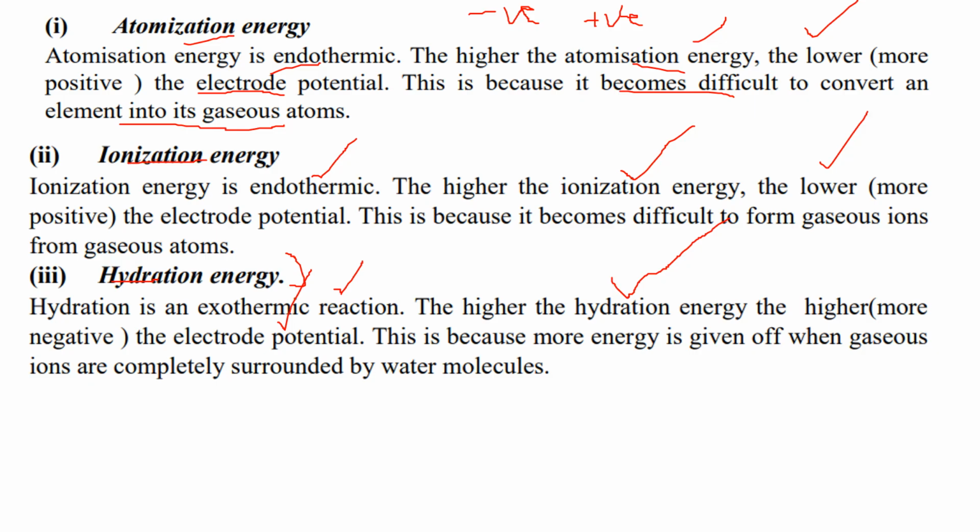And the higher the hydration energy, since it's an exothermic process, the more energy evolved, and thus the more electrode potential becomes negative. Reason being, more energy is going to be given off when gaseous ions are completely surrounded by water molecules, which is the definition of hydration energy.